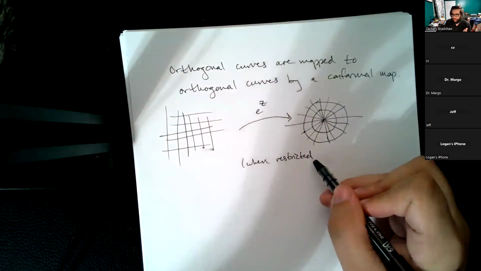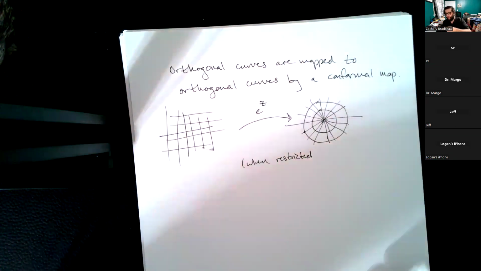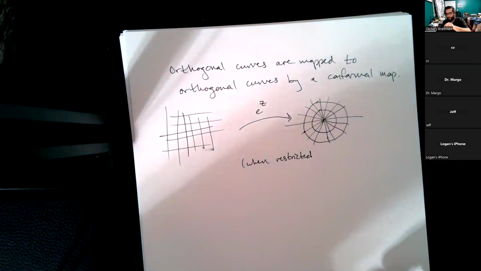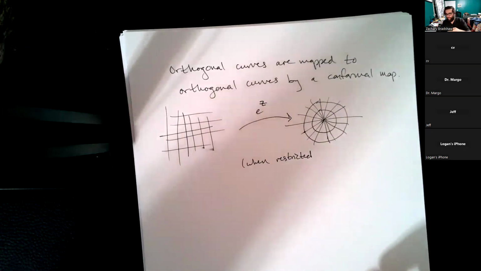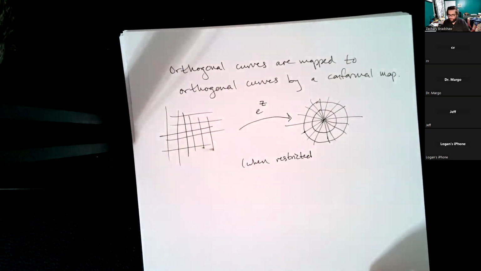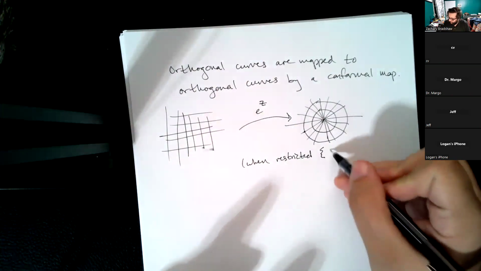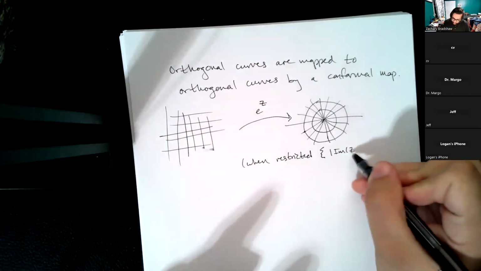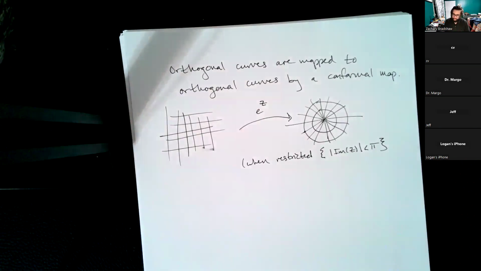We have to restrict this because the exponential actually maps to the punctured plane, right? It doesn't include the point 0. And so the map's not going to be 1-to-1 if we include the entire complex plane on the left. So what we have to do is we fix this problem by restricting to imaginary part of z less than pi. So this is just a strip in the plane.